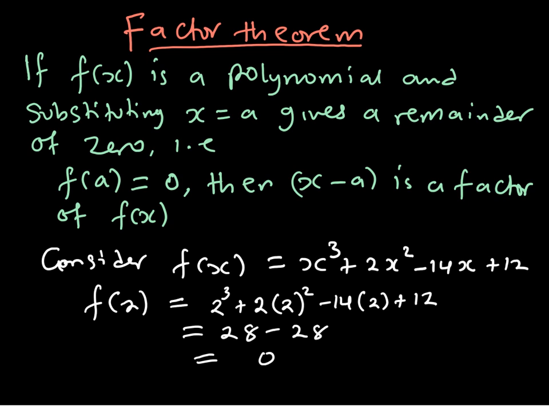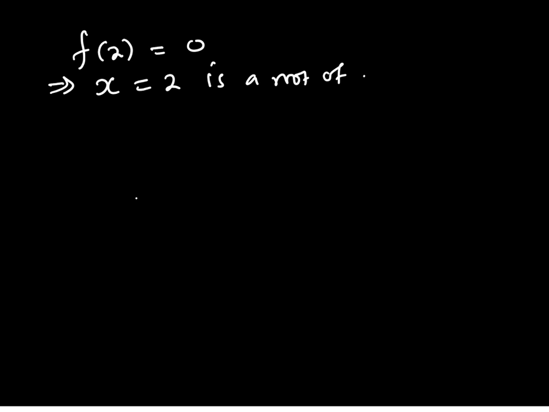What does it mean? It means that f of 2 equals 0. This means that x is equal to 2 is a root of x cubed plus 2x squared minus 14x plus 12.